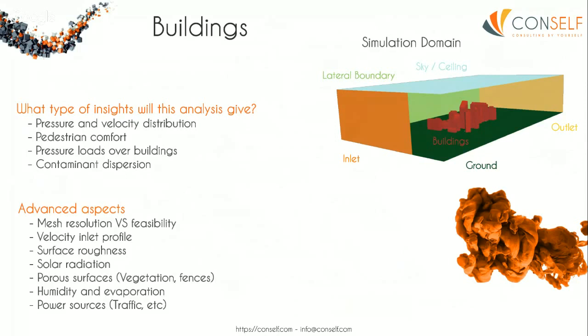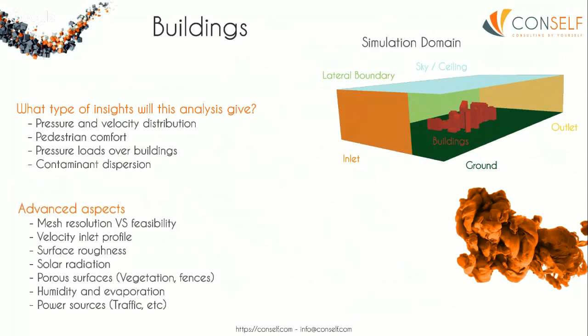And we will see also a very nice picture that shows us the path of a contaminant that is released from a contaminant source inside our city, and we will be able to find out how it will be dispersed by the wind in our environment.